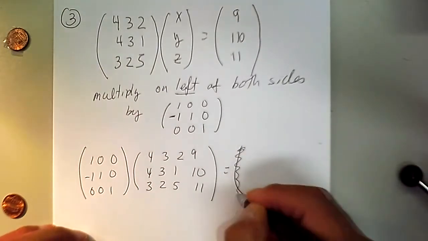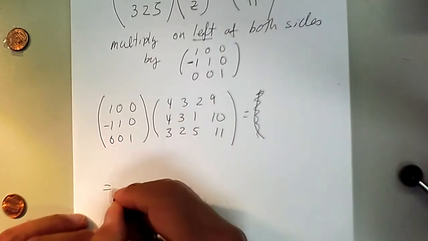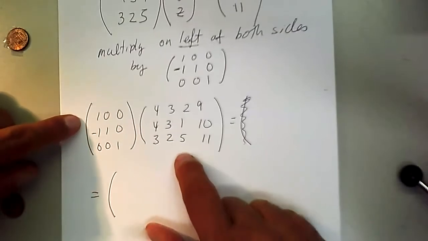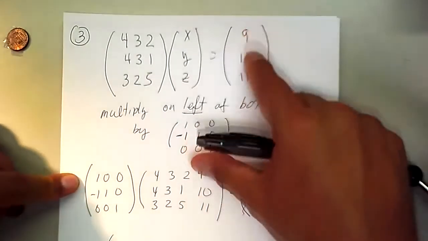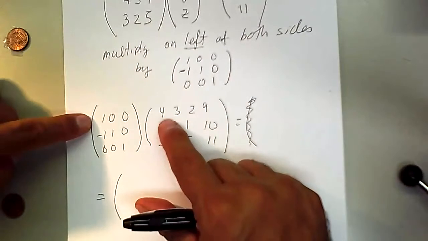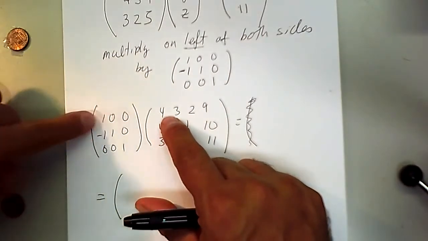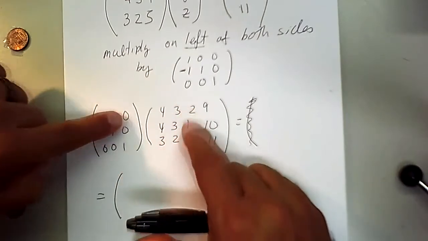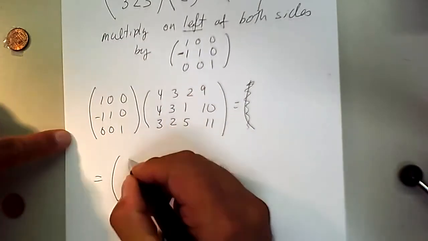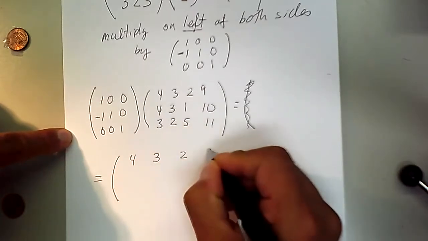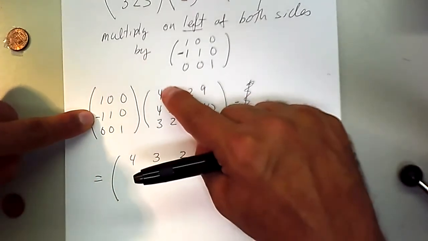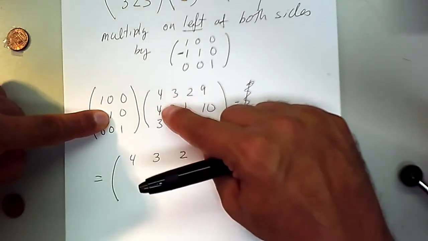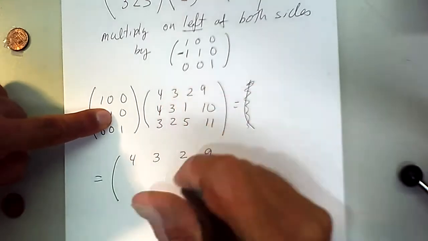So let's scratch this. Let's multiply, and I put the product here and see what we get. This is the augmented matrix because it has an extra column which contains this one. The first row picks the first element straight out, so we're going to end up with 4, 3, 2, 9. The second row picks this first element, multiplies it by -1, and adds it to this second element in this column. So -4 plus 4, 0.